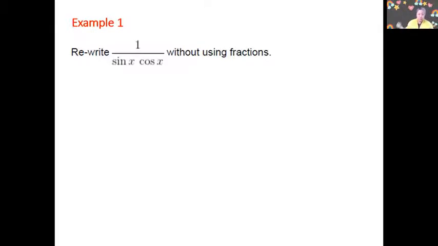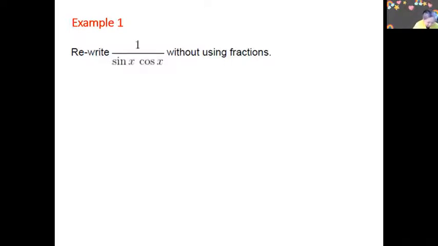So this is simple. The only condition they're asking us to follow is without using fractions. So the given expression is a fraction, but we have to rewrite it in non-fractional form.